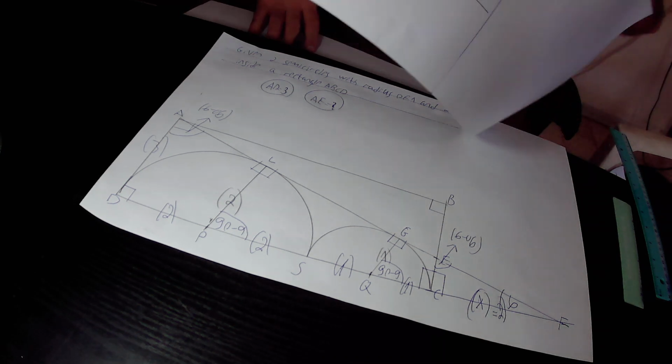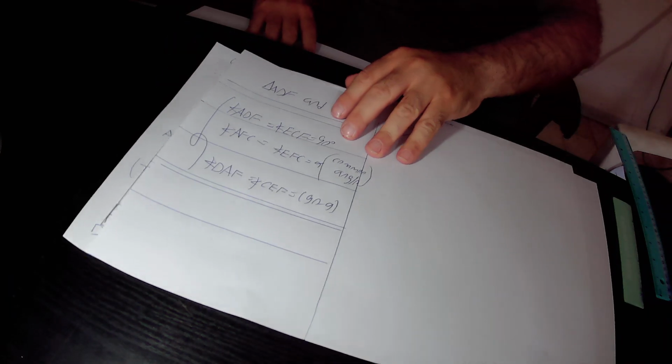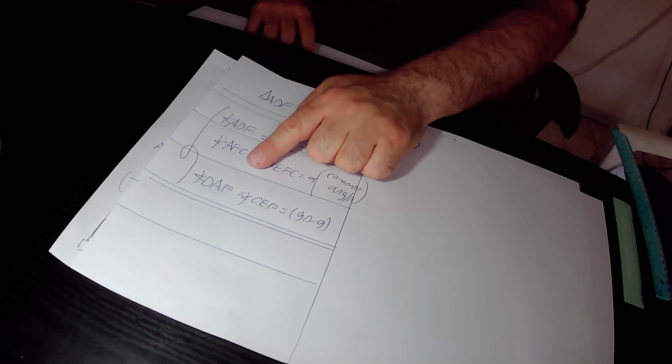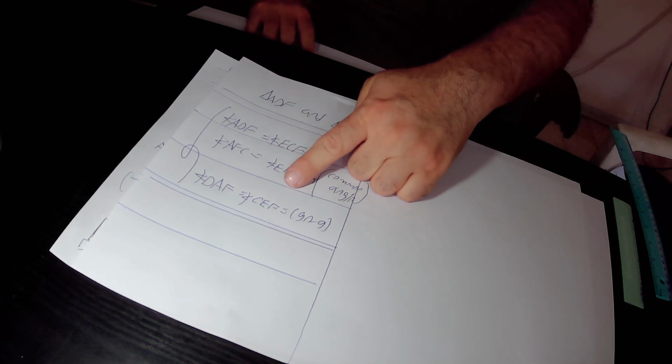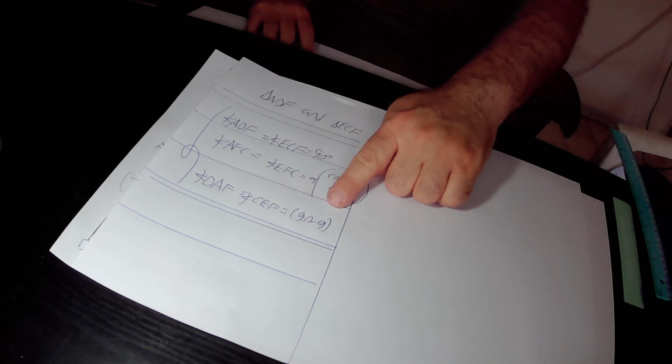So I repeat again, we found out that angle DAF in the big right triangle AFD equals angle CEF in the small right triangle ECF. They are both equal to 90 degrees minus alpha, therefore they are equal to each other.